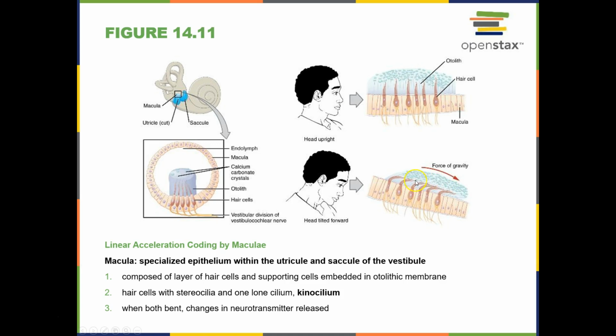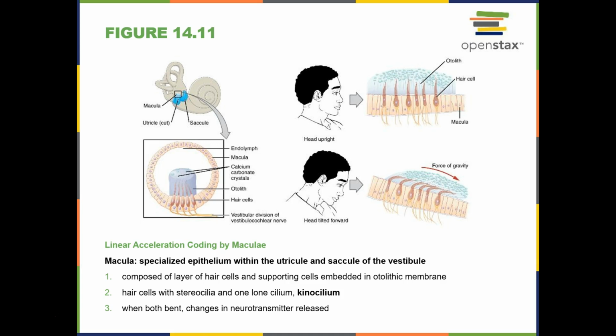This membrane is known as the otolithic membrane. And so these epithelial cells are embedded there. They have hair cells with stereocilia on them, just like in your sense of hearing. But in this case, they also have a very long hair, one single one, called a kinocilium.